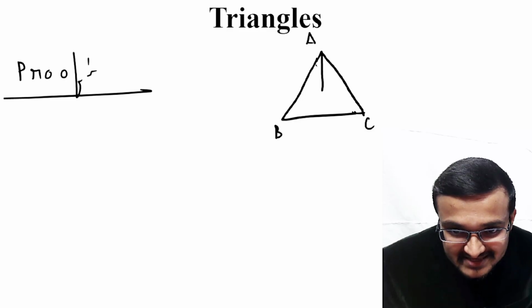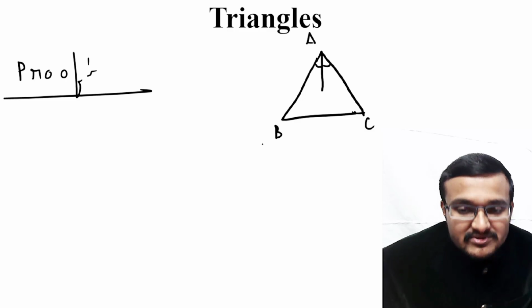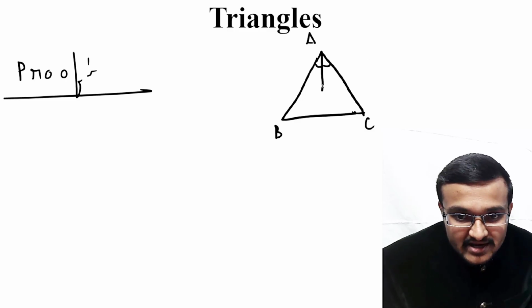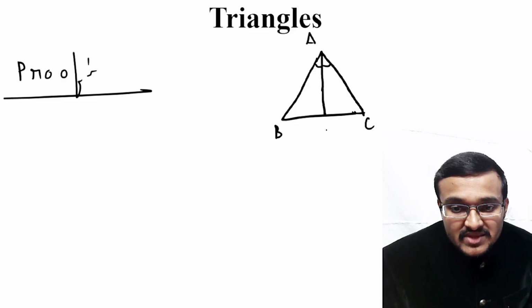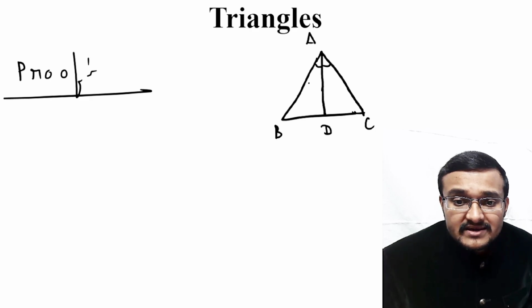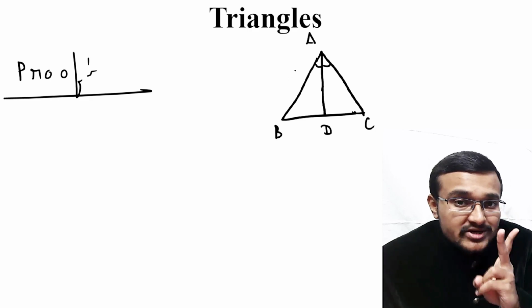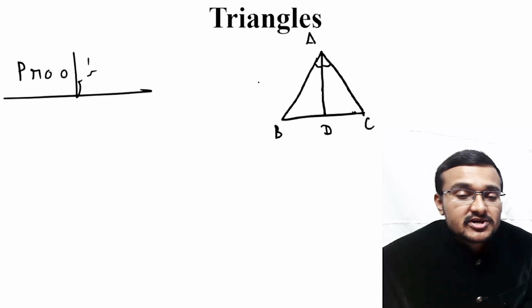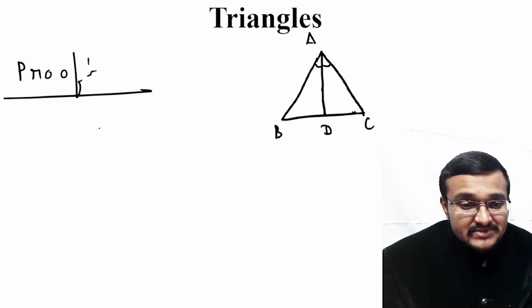So this angle and this angle will be equal to each other. Now extend this bisector until BC, and this point you can name as D. Here clearly you can see two triangles are getting formed in triangle ABC.